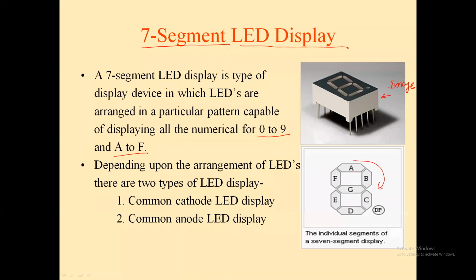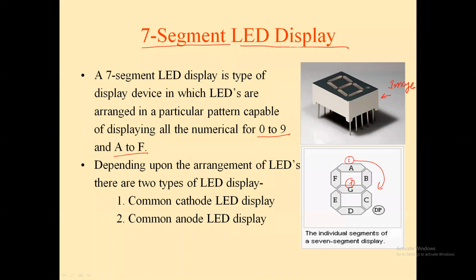This is the first LED A, second LED B, third LED C, fourth LED D, fifth LED E, sixth LED F, and seventh LED is G. Like that, these 7 LEDs are grouped together, and their pattern, shape, size, and the way these 7 LEDs are connected together is fixed. You cannot change it in an anti-clockwise direction. Everything is fixed. This one is the first, and this one is the seventh. In this way, the 7 LEDs are connected together.